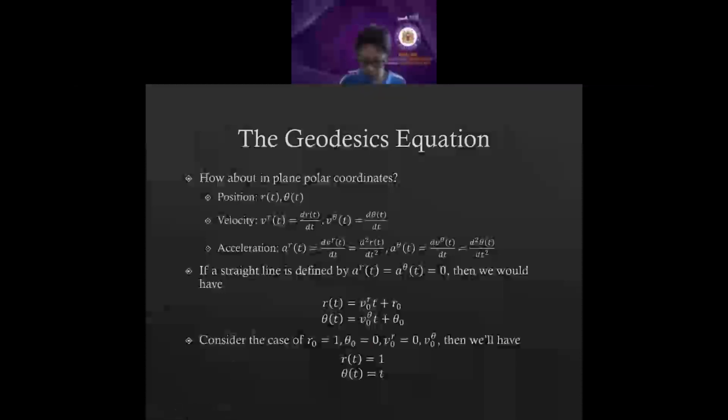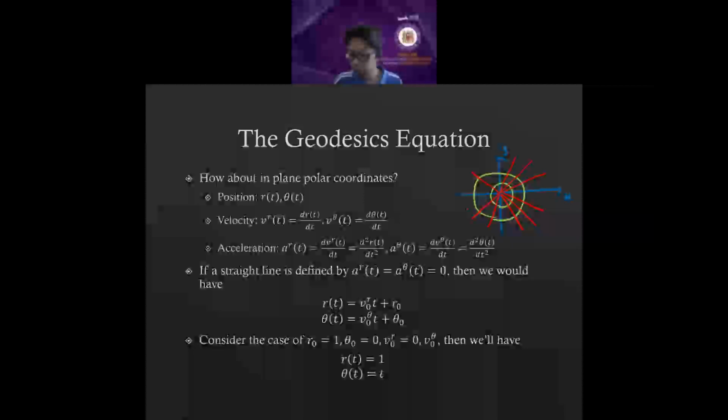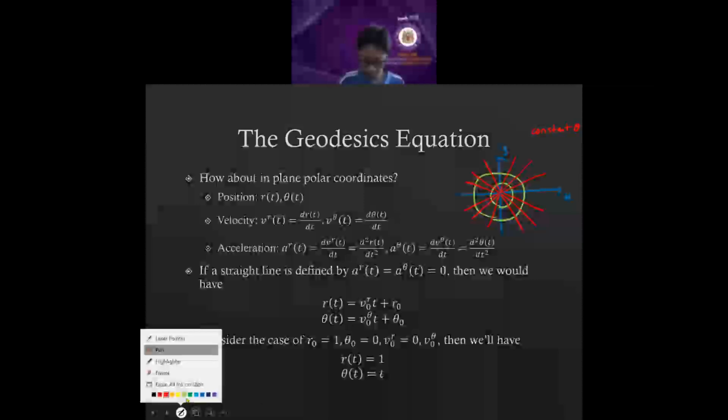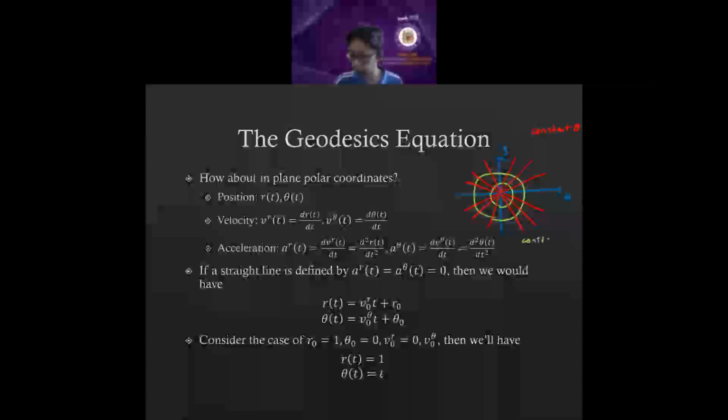If I draw it here, this is y, this is x, and this is constant theta. The green one is constant r.